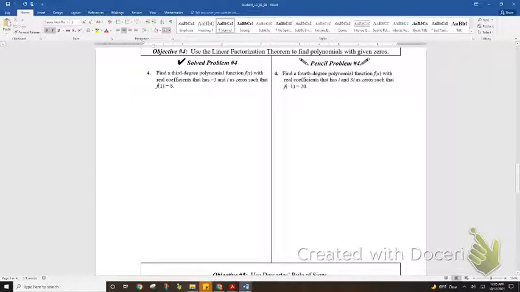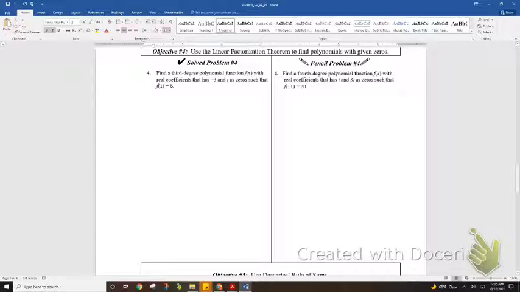And when we rewrote that as a factor, when we put it back in with x, we wrote it as x plus 3. So if we know what some zeros are, then we can write them as linear factors of our polynomial. So 4 says we're going to find a third degree polynomial function f of x with real coefficients. It has negative 3 and i as zeros, and is such that f of 1 equals 8.